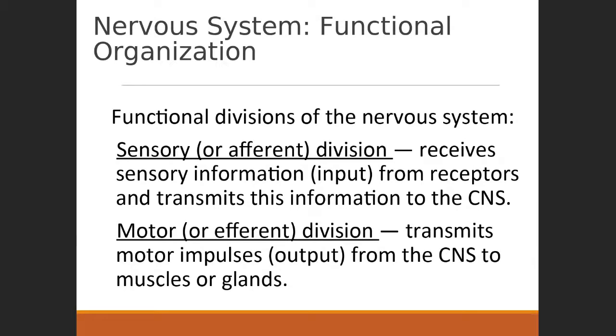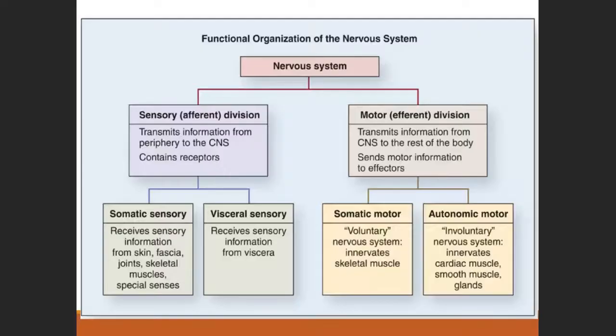But input and output. Now, once we look at sensory versus motor, we can further divide it up again. We will look at, first, our somatic half of our nervous system.